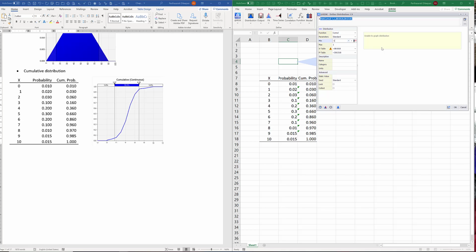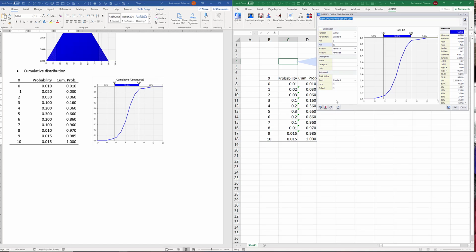And then the minimum here is 0 and the maximum is 10. So now we have a graph. It goes from 0 to 10, and the cumulative probabilities.